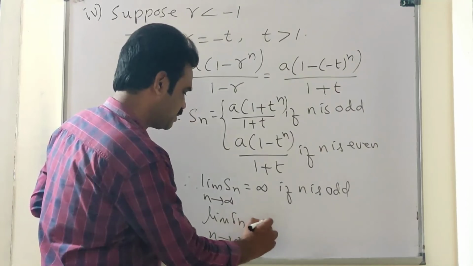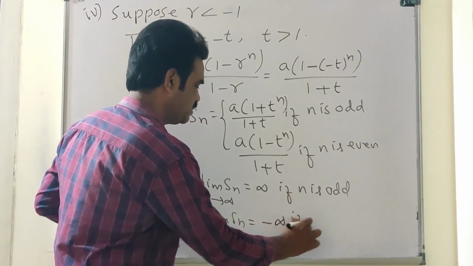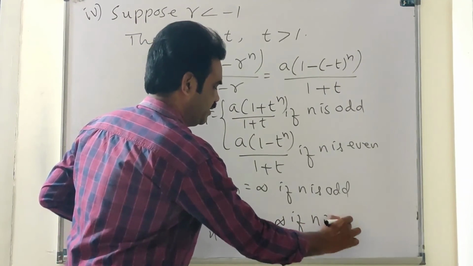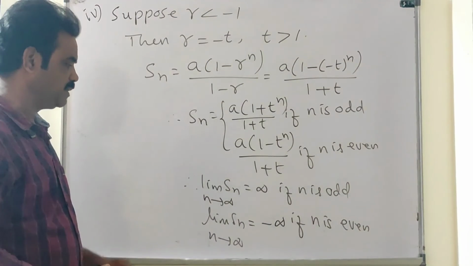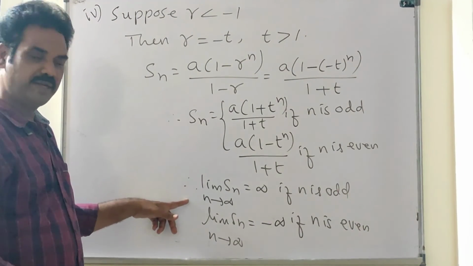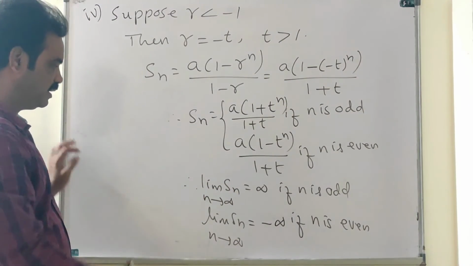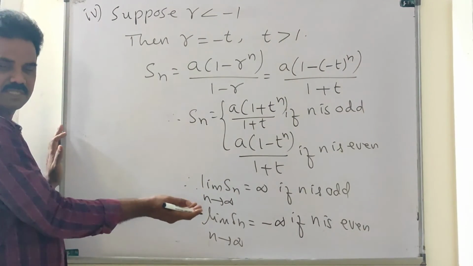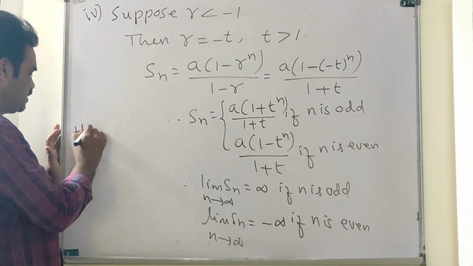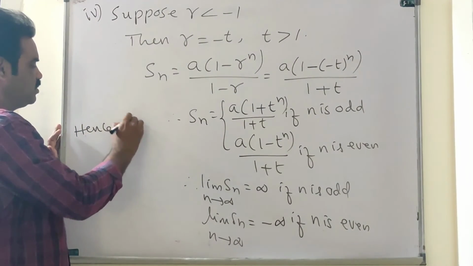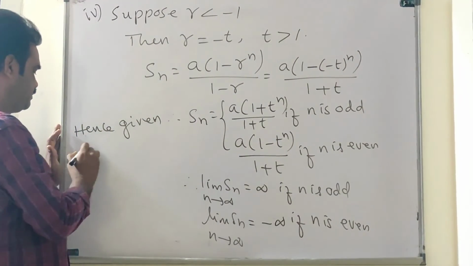That's why this becomes minus infinity if n is even. This means this sequence neither diverges to plus infinity nor diverges to minus infinity, and hence this sequence oscillates infinitely. Hence the given series oscillates infinitely.